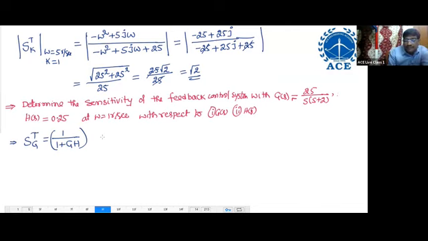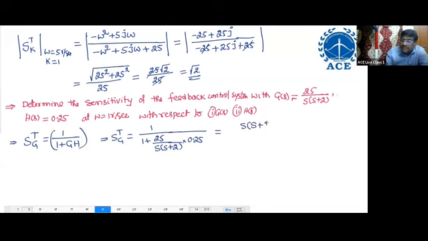So, what will you get? S_T^G equal to 1 by 1 plus G, G is 25 by S into S plus 2, into H of S. What is H of S? 0.25. Now simplify this. S into S plus 2 divided by S square plus 2S plus 6.25, I think. 25 by 4, that is 0.25, so 6.25, I think.